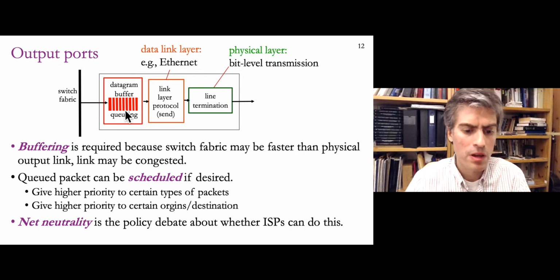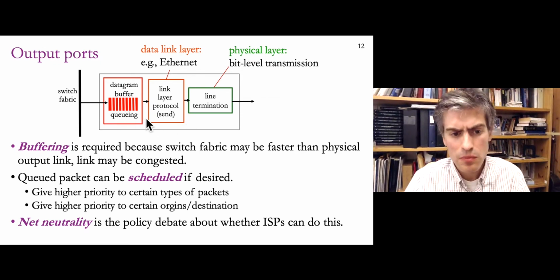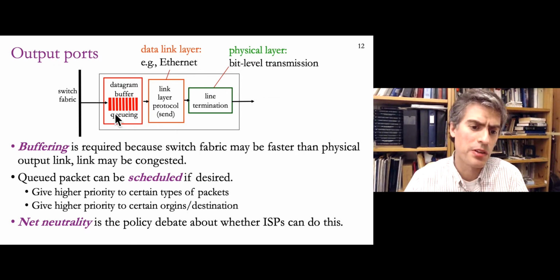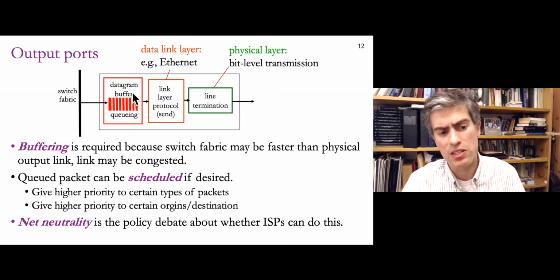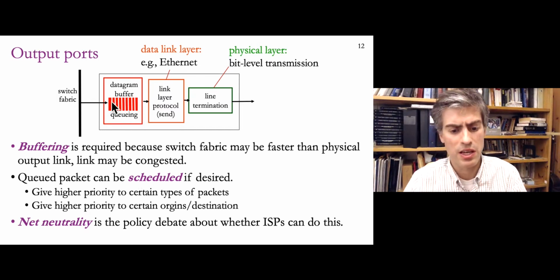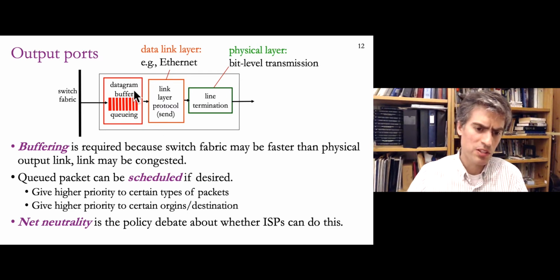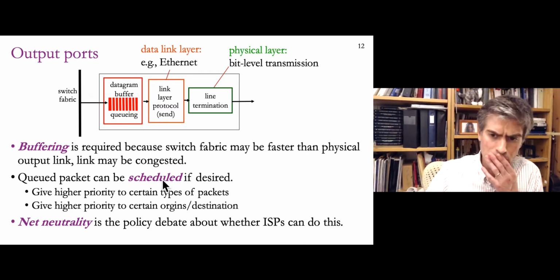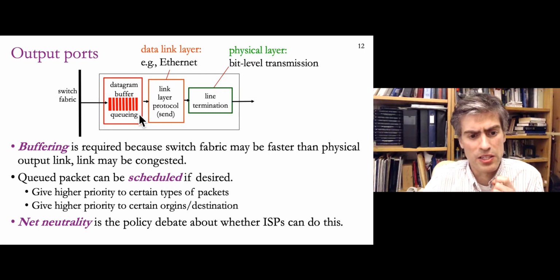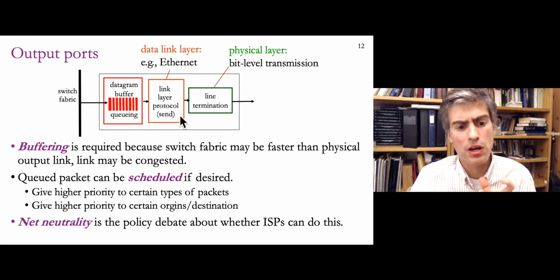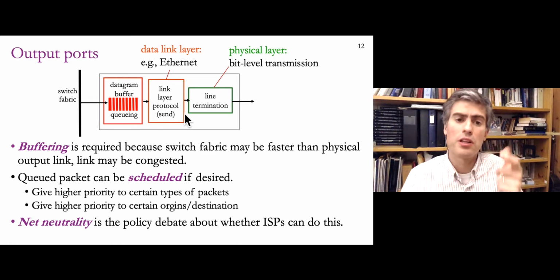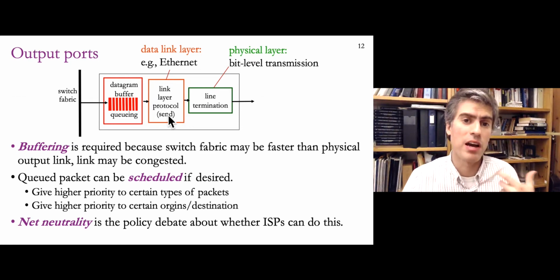Now, with any queue, whether it's an input queue or output queue, but especially the output queue, you can have a policy that distinguishes between different packets and sets priorities. So instead of just delivering them first in, first out, you can schedule the packets and say, if it's a certain type of packet, I'm going to pull it off the queue more quickly than a different type of packet, and therefore give it higher priority.